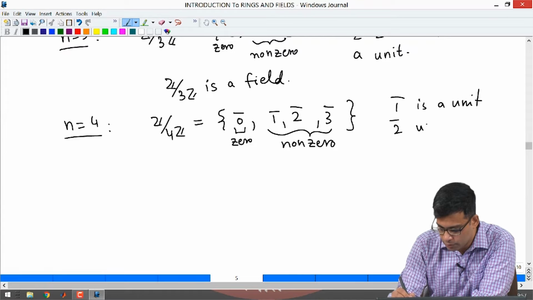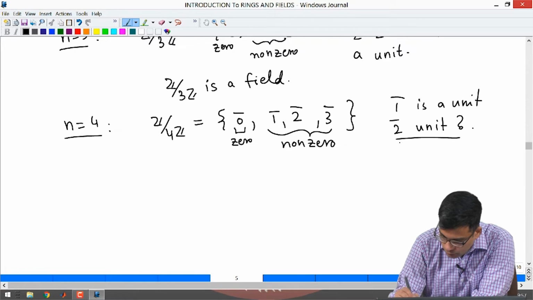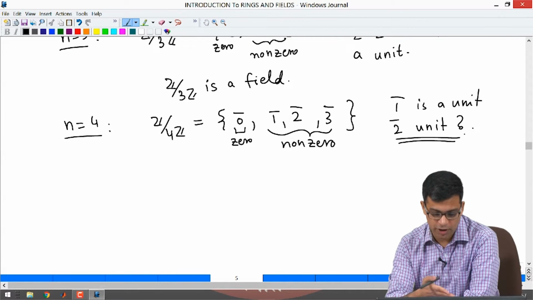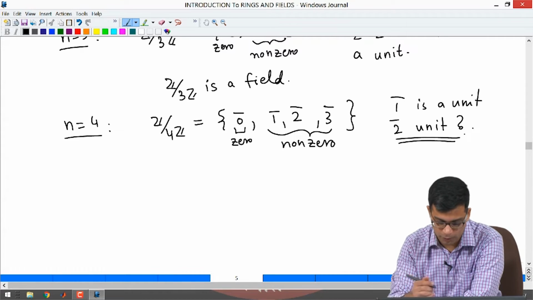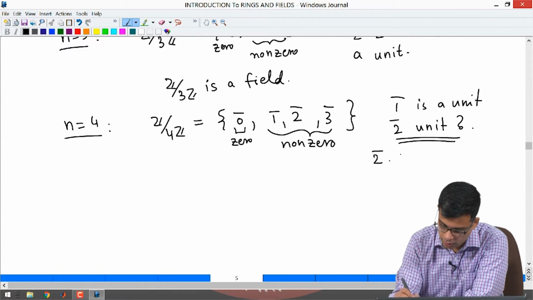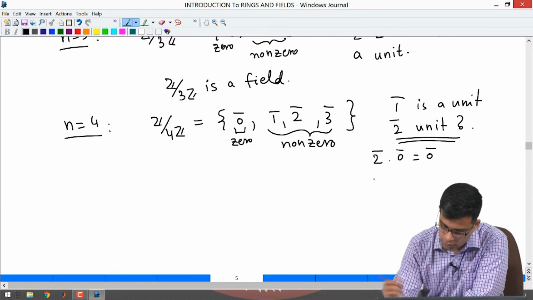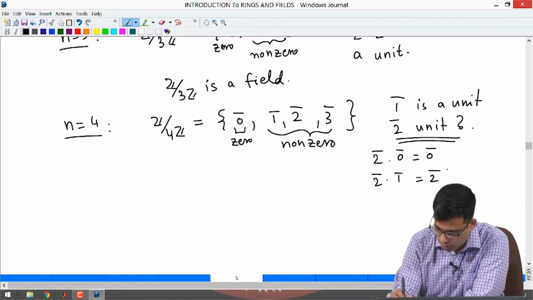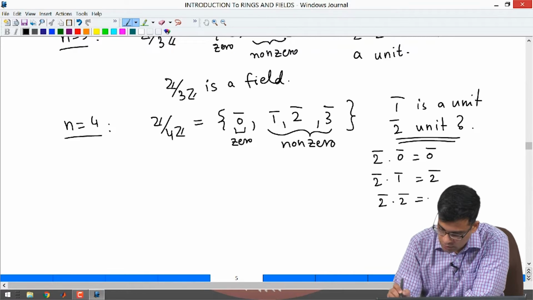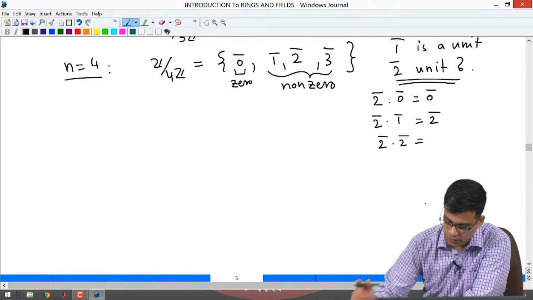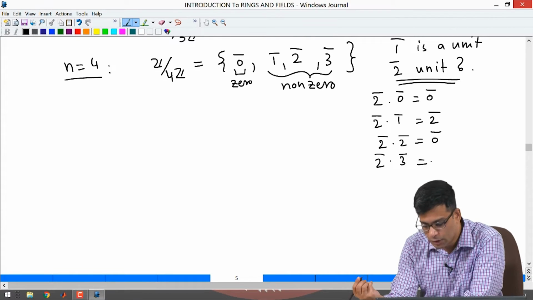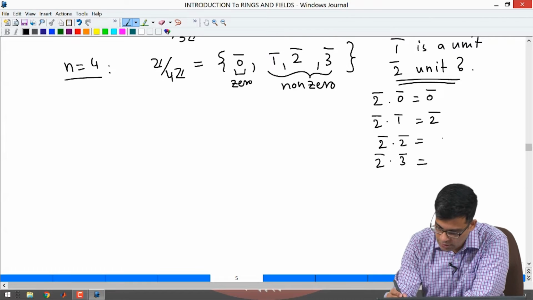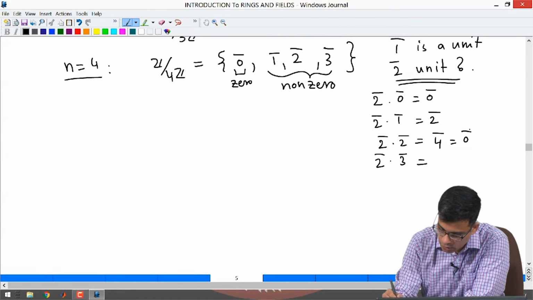Is 2 bar a unit? Let us check. There are only 4 elements, so let us check one by one whether multiplying by any of them gives 1 bar. 2 bar times 0 bar is 0 bar, 2 bar times 1 bar is 2 bar, 2 bar times 2 bar is 4 bar, which in this case is 0 bar, and 2 bar times 3 bar is 6 bar, which is 2 bar.